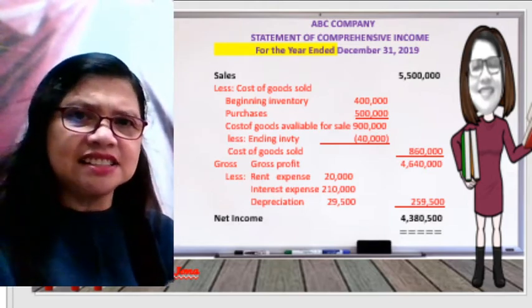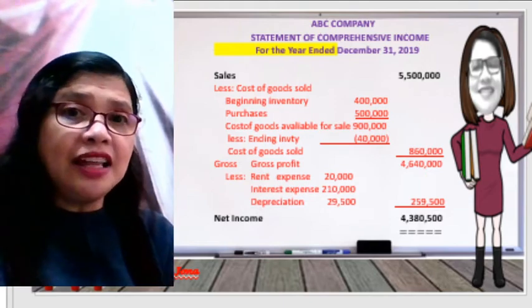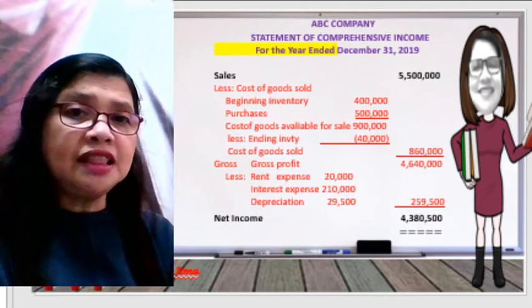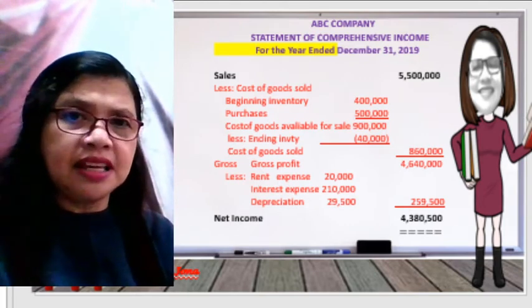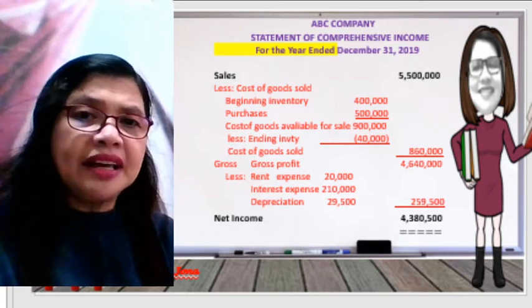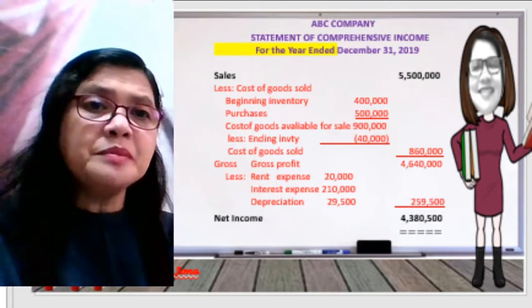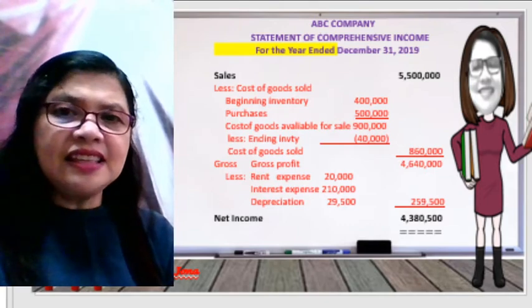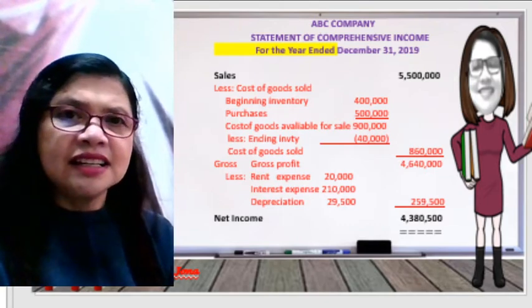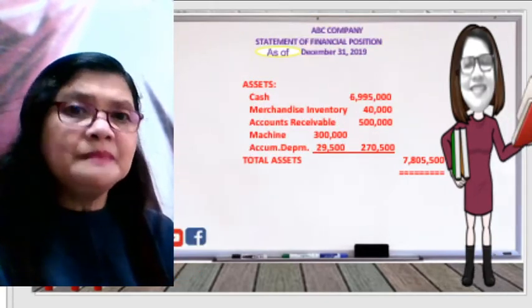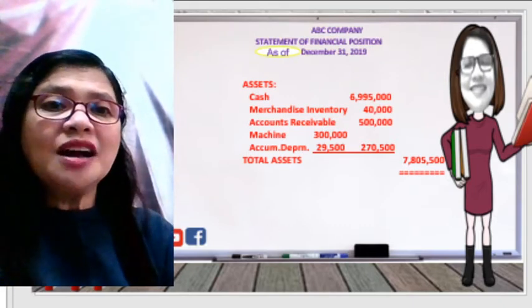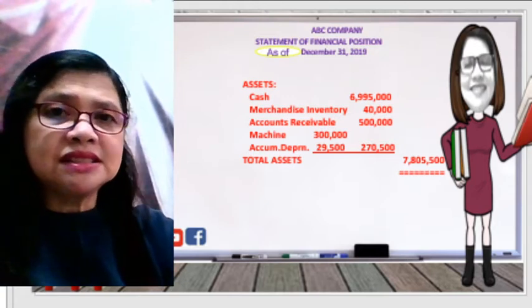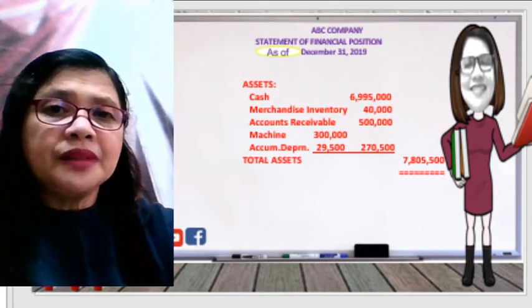Then sales less the cost of goods sold gives you your gross profit, and from the gross profit, you deduct your expenses. It may be operating or marketing expense. So now we get a net income of 4,380,000.